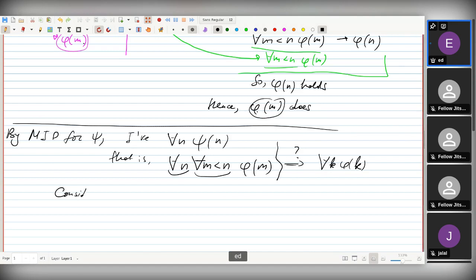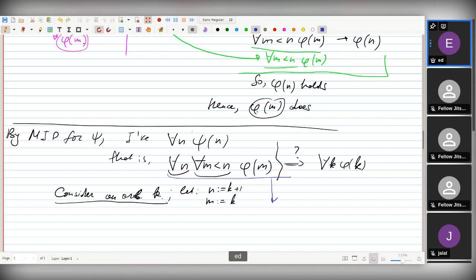Let me prove it. Consider an arbitrary k. Let us take whatever k. We need something which is greater than k. Now let n be k plus 1 and m be just k. So what do we have from here?